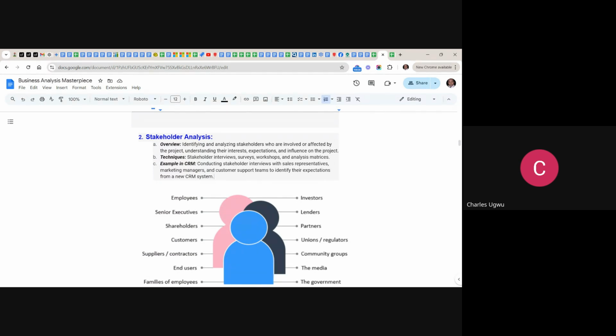Then there is a sponsor, somebody who is sponsoring that project, who is the main person behind that change. In the CRM system scenario, it might be the departmental head, the HOD marketing. So you must understand what that particular person wants to achieve through this CRM within the team.